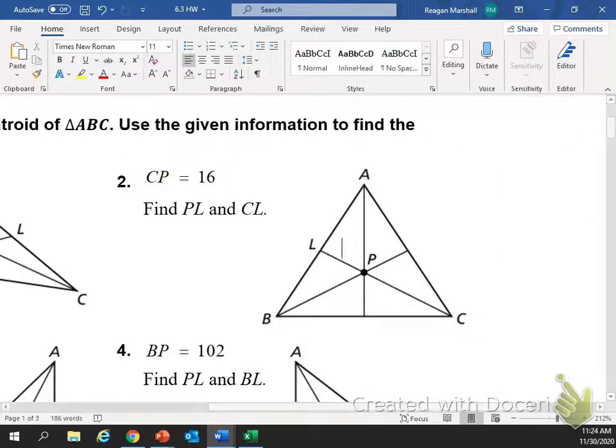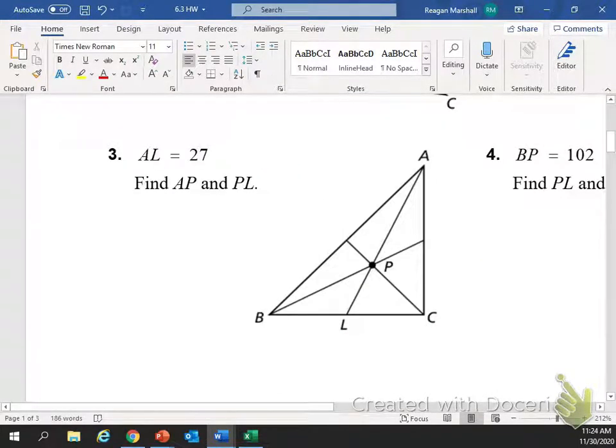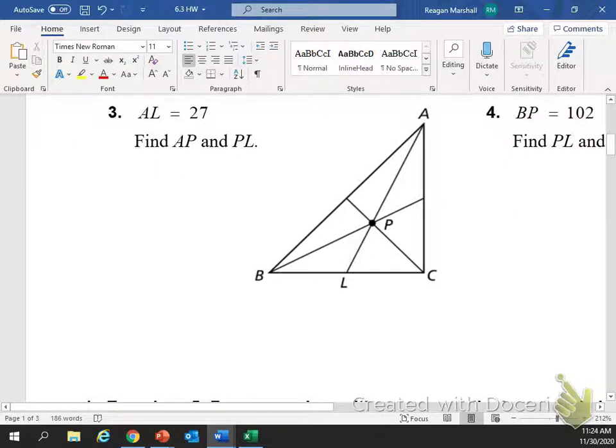All right, and then number 3. The length of AL is 27.